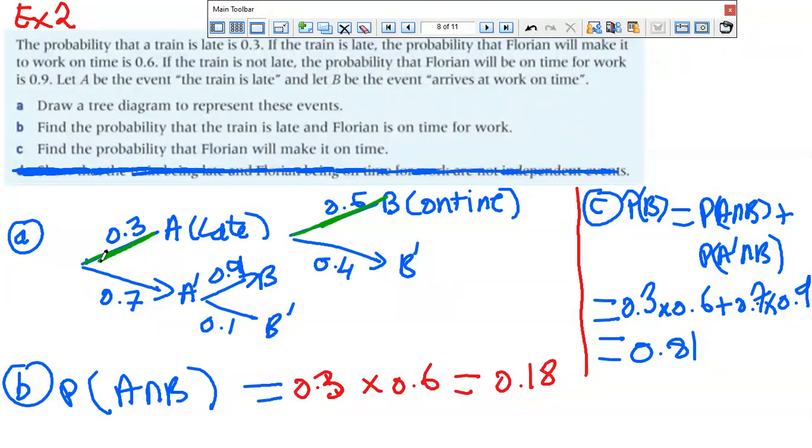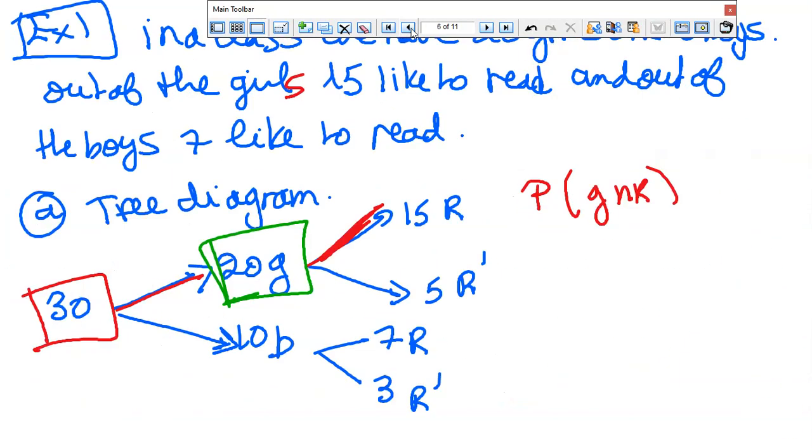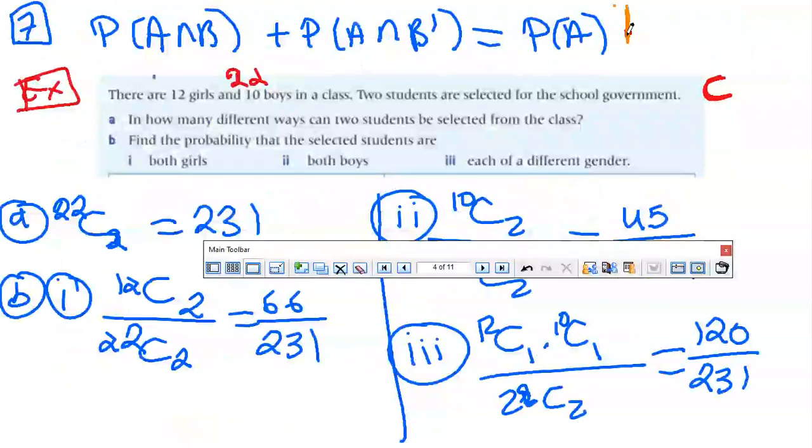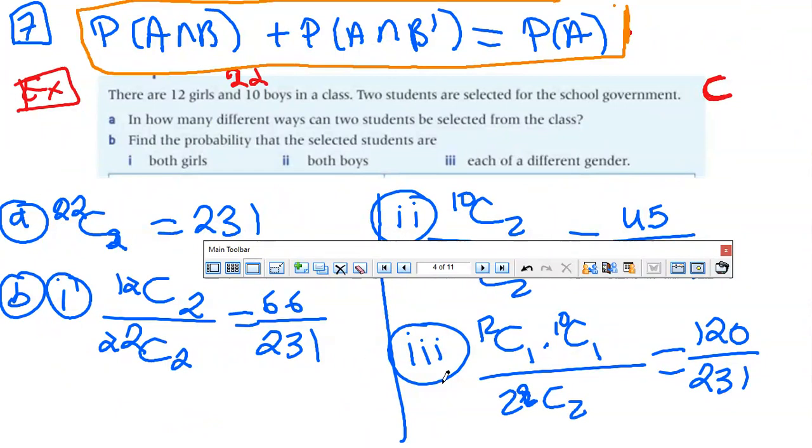So I can be on time by following this road, or this road. It means it's 0.3 times 0.6 plus 0.7 times 0.9, 0.81. This is the formula that I told you we will see later on. This is the formula that represents the exercise that I was doing now. Okay?